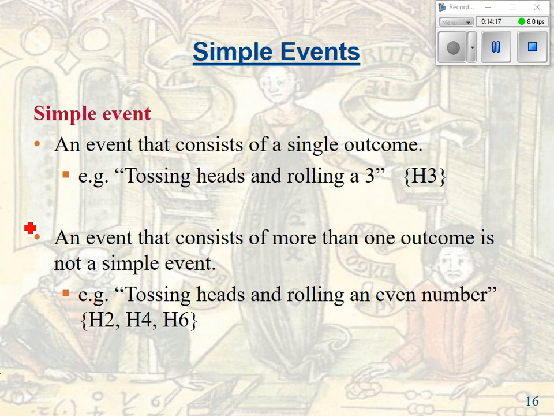If we said we wanted a tail and an even number, that's no longer a simple event because there's more than one thing there. So a head and a 3 would be a simple event. A head and an even number, sorry, I said tail and an even number on the other one, but same thing. Not a simple event.